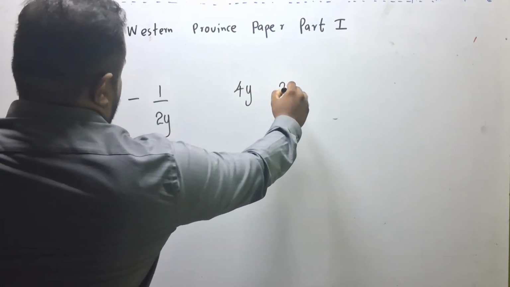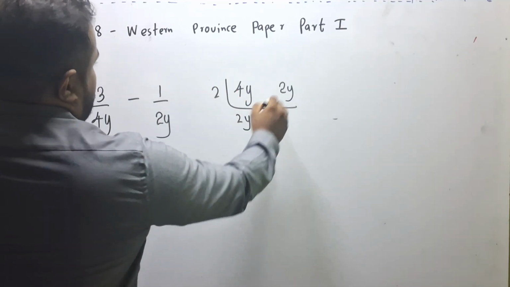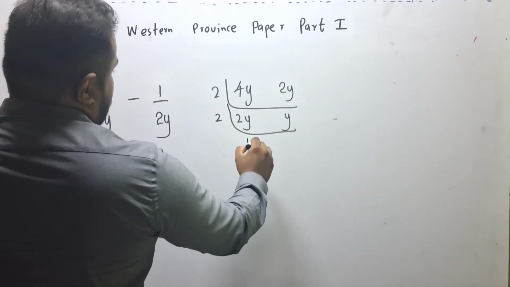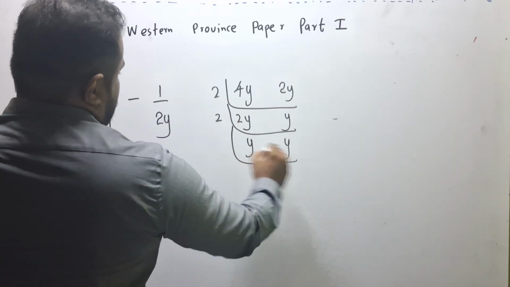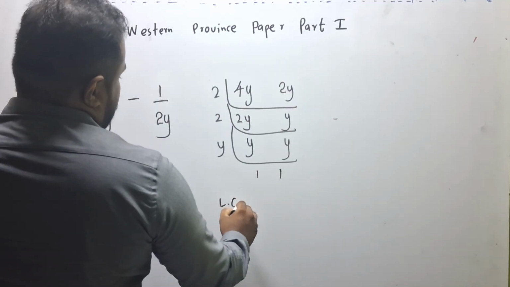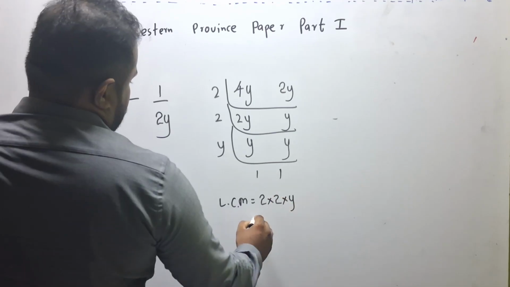Least common multiple of 4y and 2y. Divide by 2: 2y, y. Divide by 2: y, y. Divide by y: 1, 1. What is the least common multiple? 2 times 2 times y. That means 4y.